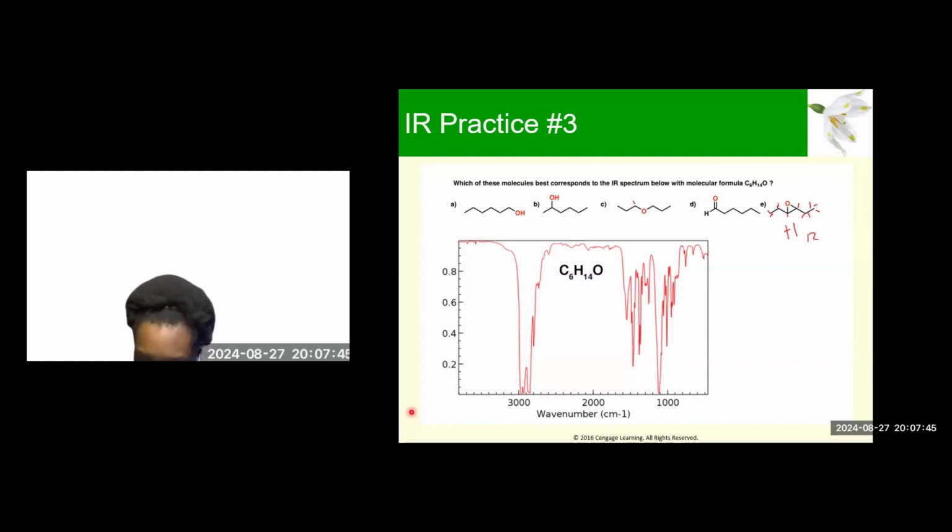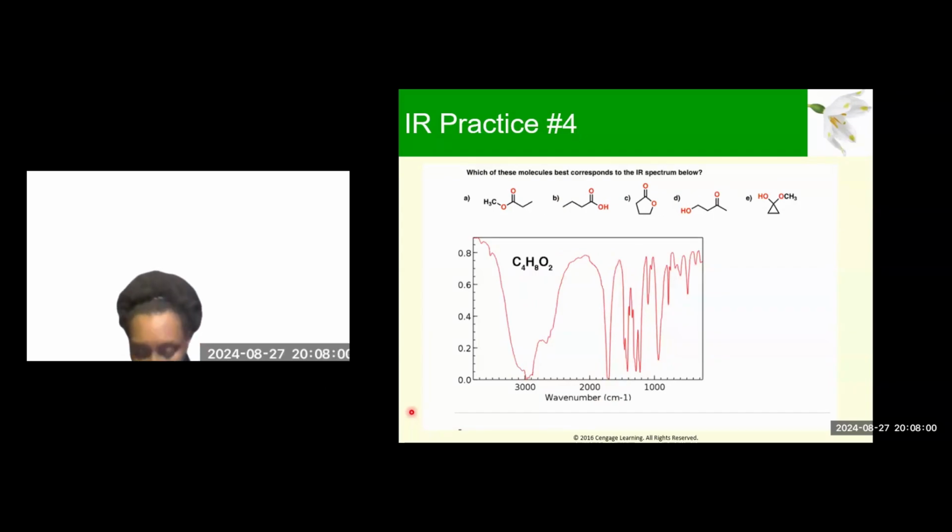Whereas this one has 1, 2, 3, 4, 5, 6, 7, and 7 also on that side because it's symmetrical. So that's 14 hydrogens. So I know this has to be E. These are the type of questions that you're going to see.